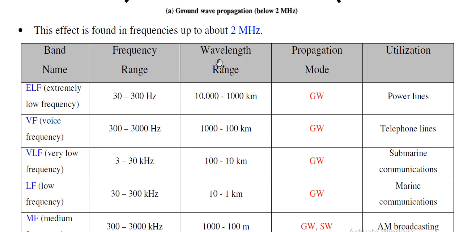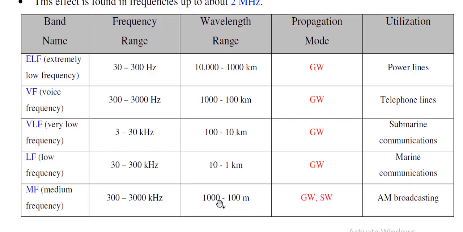The wavelength equals the speed of light divided by the frequency value, which means the lower the frequency, the higher the wavelength, and vice versa. The last band, the medium frequency, which means frequencies between 300 and 3000 kilohertz, is a shared band between ground wave and the sky wave.